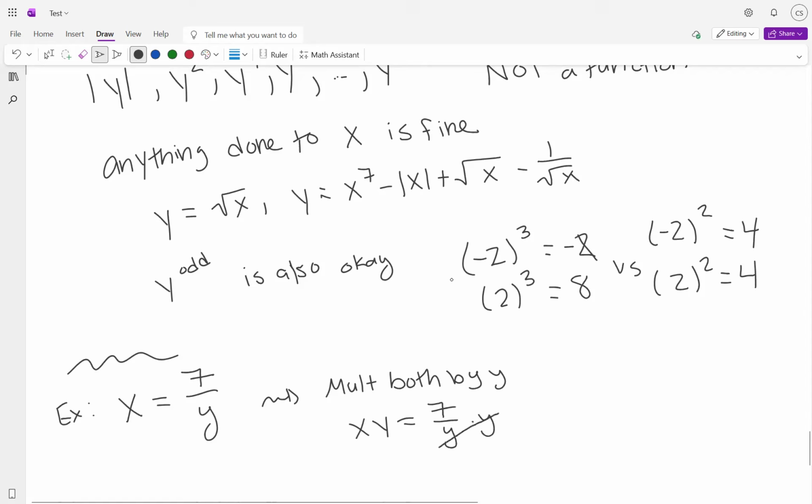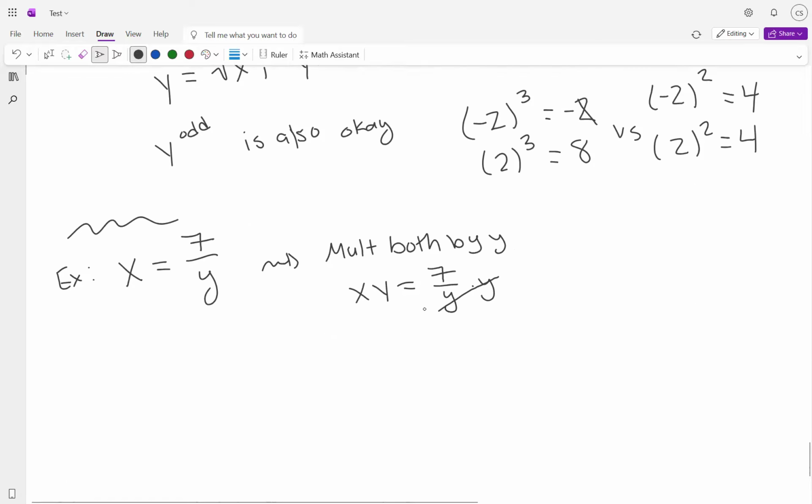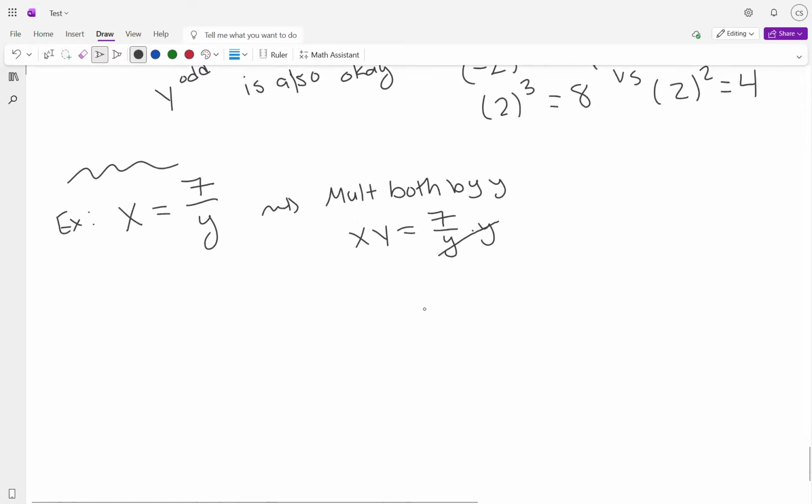Then my y's on this side will cancel, and I will have x times y equals 7. And now I'm going to divide both sides by x. And I have y equals 7 over x. So I do end up with a y alone equaling something done to an x. And remember, we can do anything we want to an x, but our y is alone.